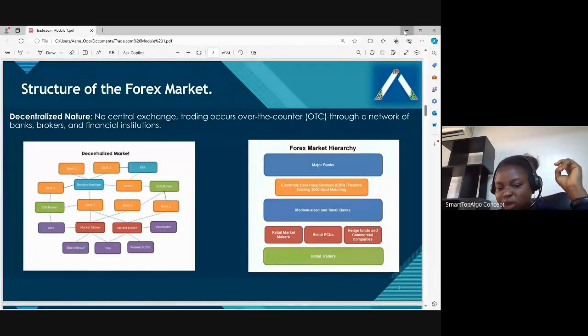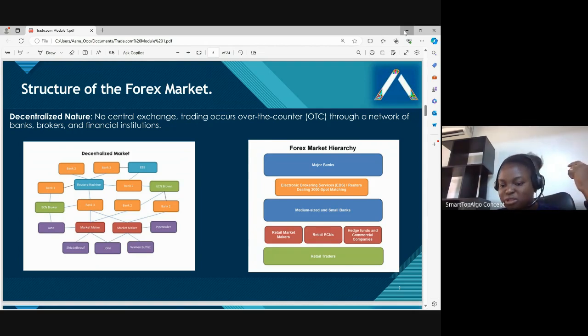Then this is where we have the retail traders. So we have access to the retail brokers, and with these retail brokers come the retail traders, which is you and I. So if you have good money, and when I say good money, I'm talking about billions of dollars, you can move to either this level, but it may be difficult to get to this level.